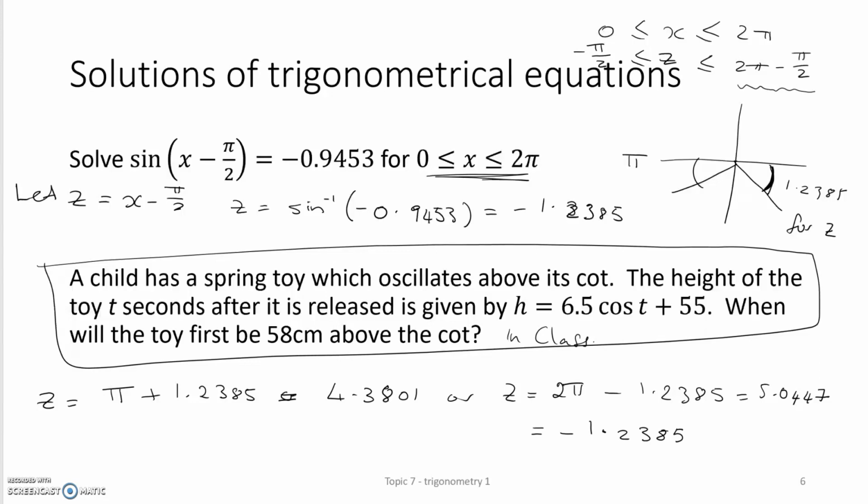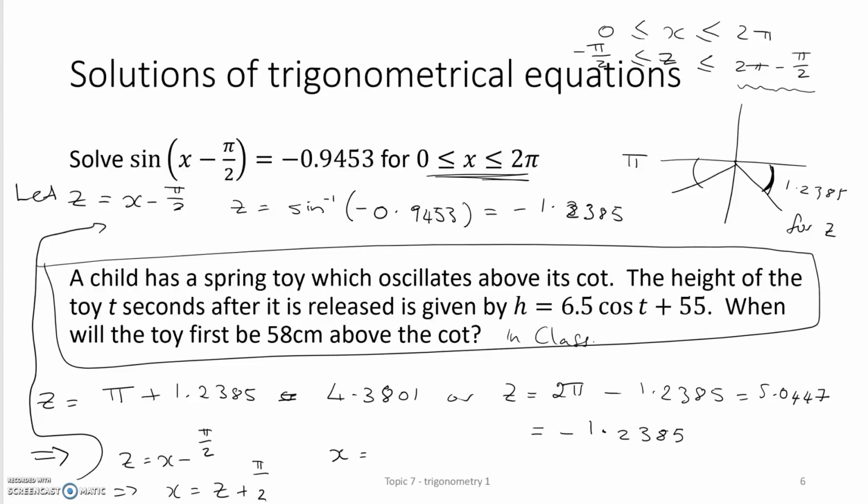Okay, so x is equal to, well, to do that we need to go back up to here. So z equals x minus pi by 2, so x equals z plus pi by 2. So what we have to do is add pi by 2 to each of those previous answers.